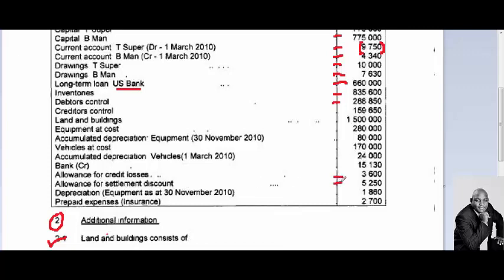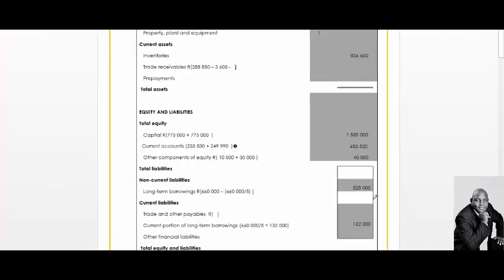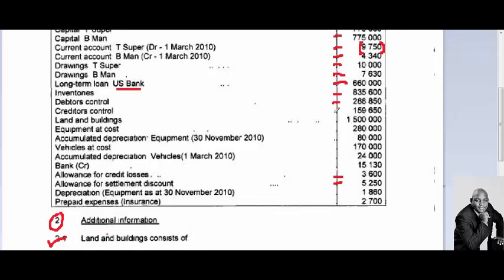That's the money you lose because you want people to pay you on time. It's 5,250. So let's do the totals for that. It will be 288,850 minus 3,006 minus 5,250. So that gives me 280,000.